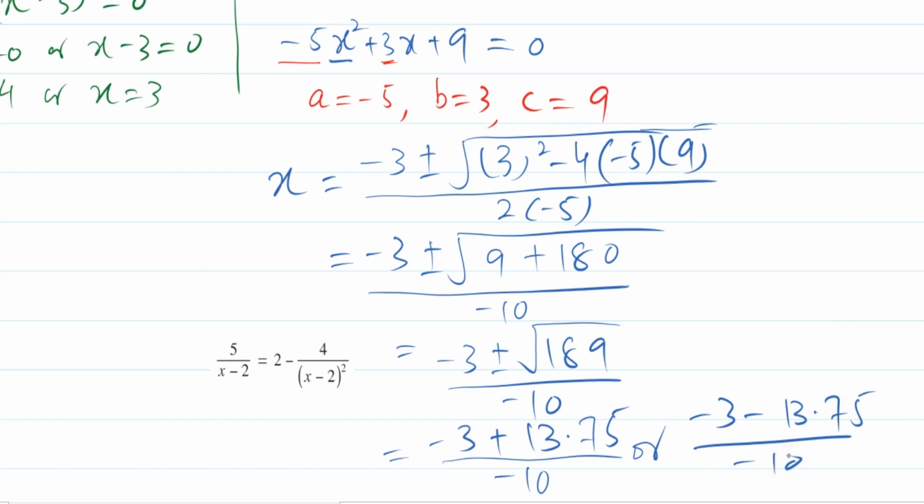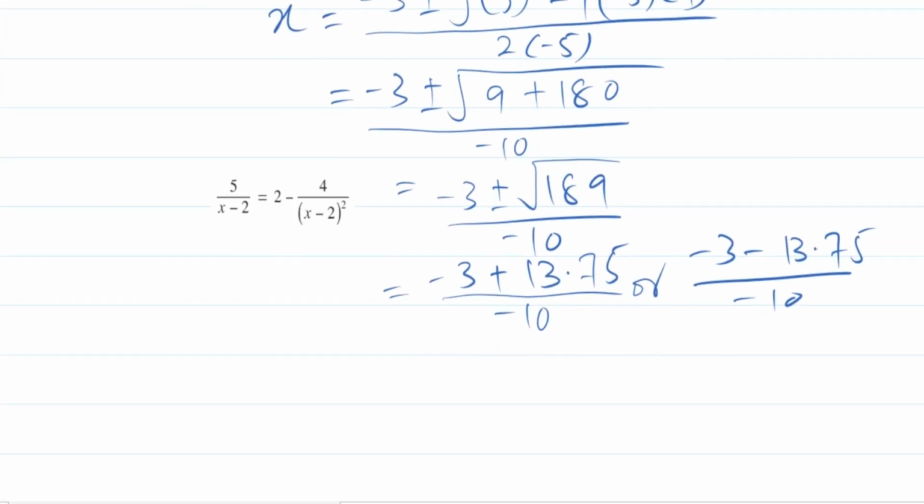So 13.75 minus 3 will give 10.75, and when divided by minus 10, it will give minus 1.075.